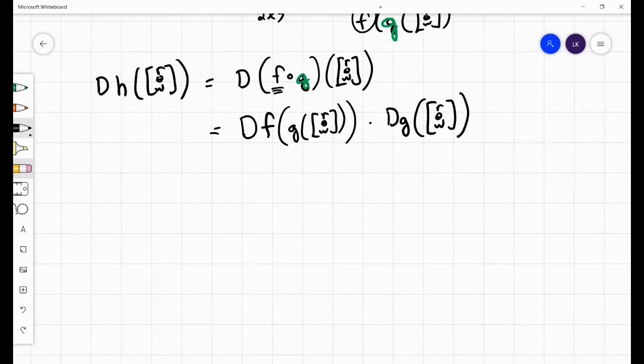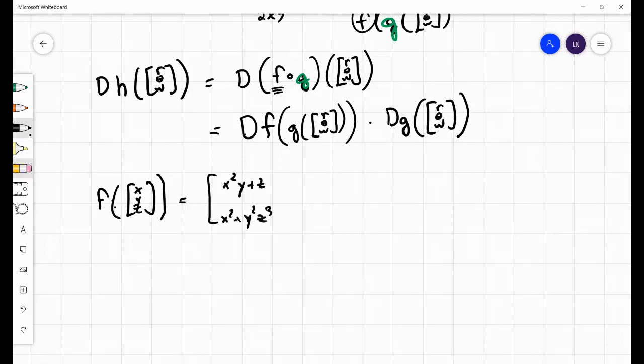Okay, so let's look at f again. What's going to be the size of the derivative of f?